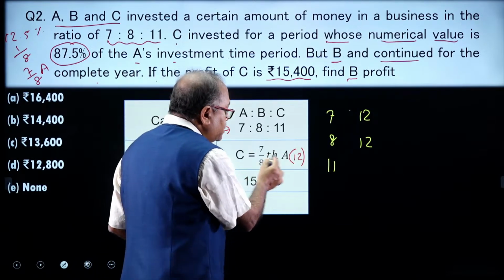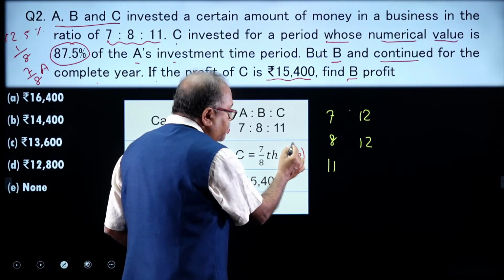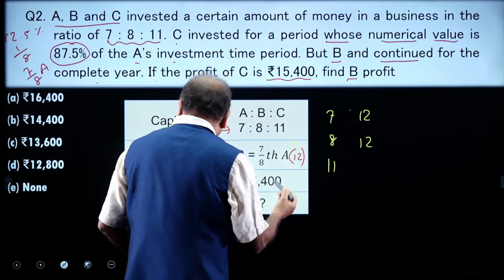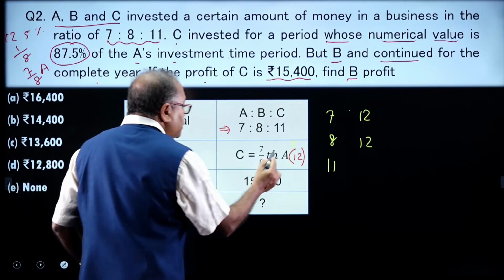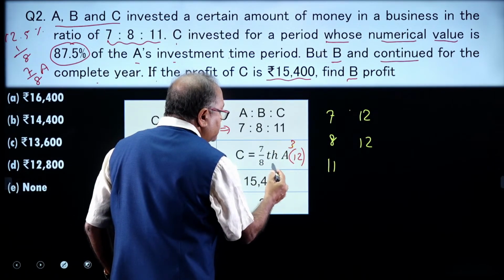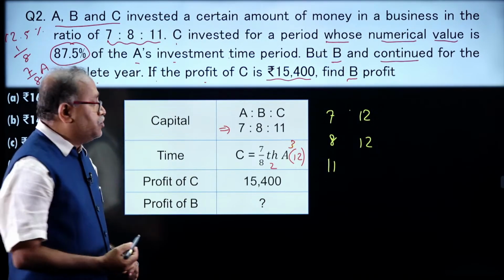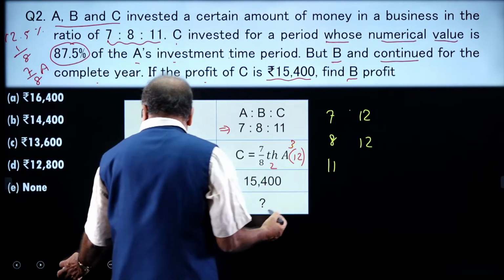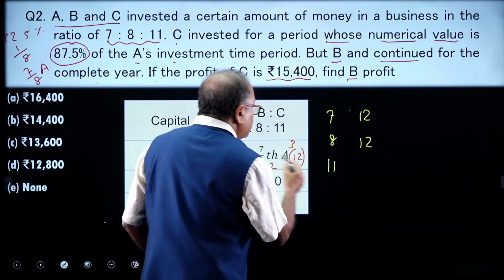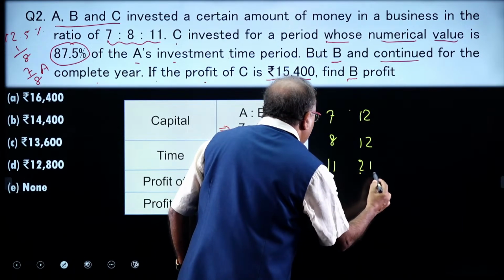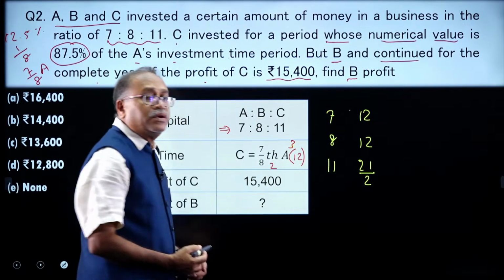So 12 into 7/8. With 4 this gets cancelled 3 times, and this is 2 times. So 21 by 2, so the time period over here is 21/2.